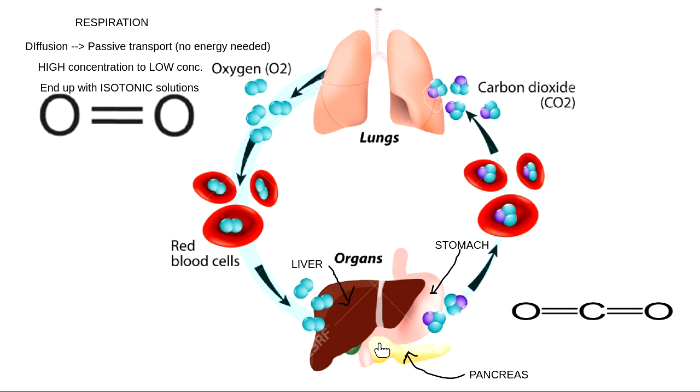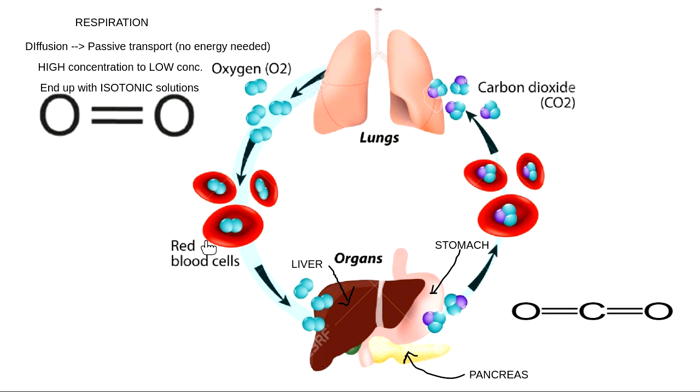I guess someone mentioned the intestines. This is the beginning of the small intestine right here. So the pancreas is right up next to that small intestine. So we've got the big liver, the stomach, the pancreas. These are an example of some of the organs in the body. Red blood cells are going to travel past all of them. Yeah, we do have a little bit of the gallbladder too, peeking down there.